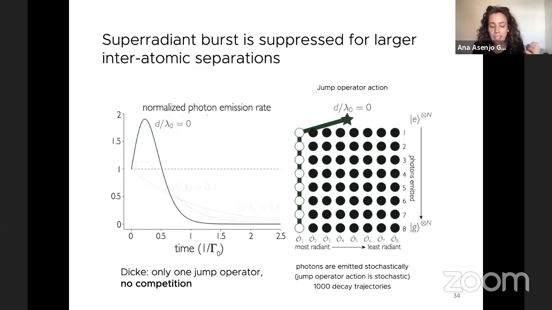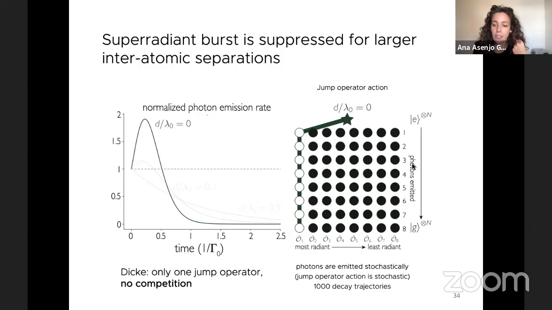Let's first study the case of Dicke. In Dicke's case, when all atoms are in the same location, there is only one bright jump operator that is symmetric. On the right, we have this plot that is a bit complicated, but I can explain. It depicts the action of jump operators. Initially we have all atoms in the excited state.